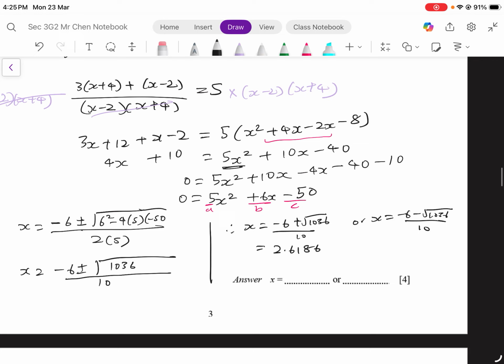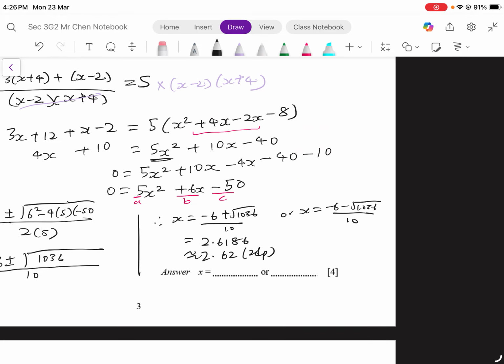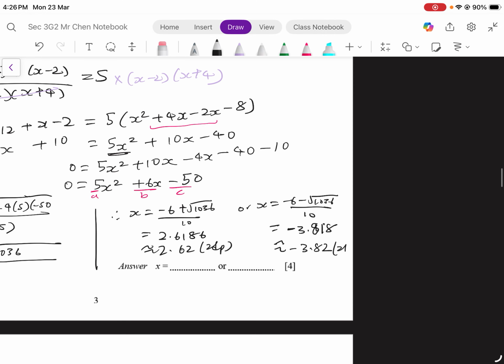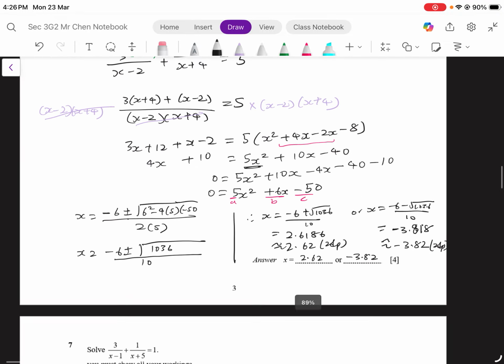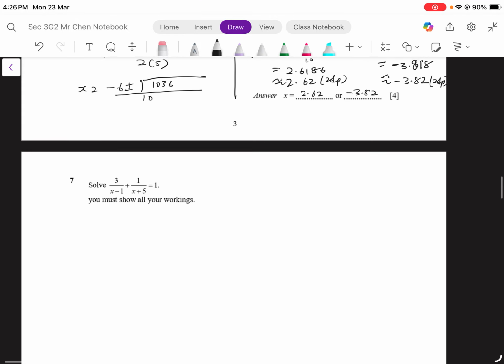Okay, this to two decimal places, 2.62 dp, or minus 3.818, 3.82 dp. Okay, so your answer will be 2.62, minus 3.82. Okay, so moving on.